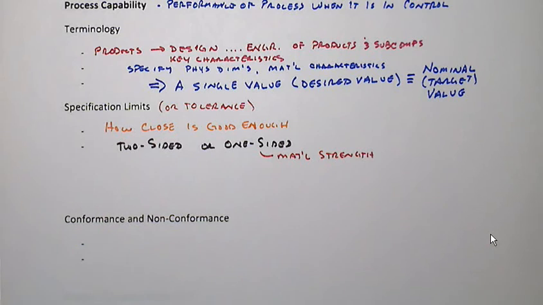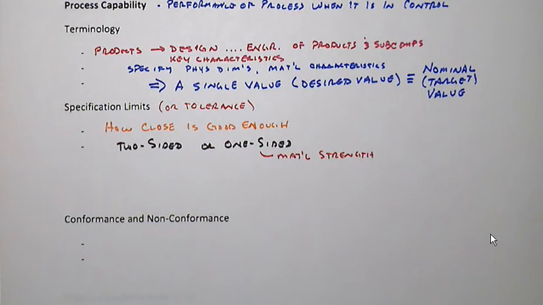The reason is that in seismic applications, I actually want the steel to go into the inelastic range and dissipate energy during the design level seismic event. And in fact, my design is counting on that to happen. And if instead someone were to substitute in a higher grade of steel, a higher strength level, what can happen is that the structure will respond in a different way than I had anticipated in my design scenarios.